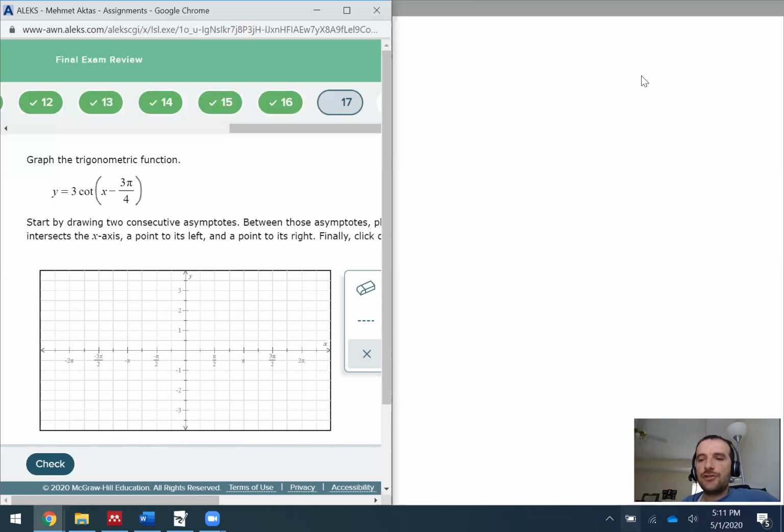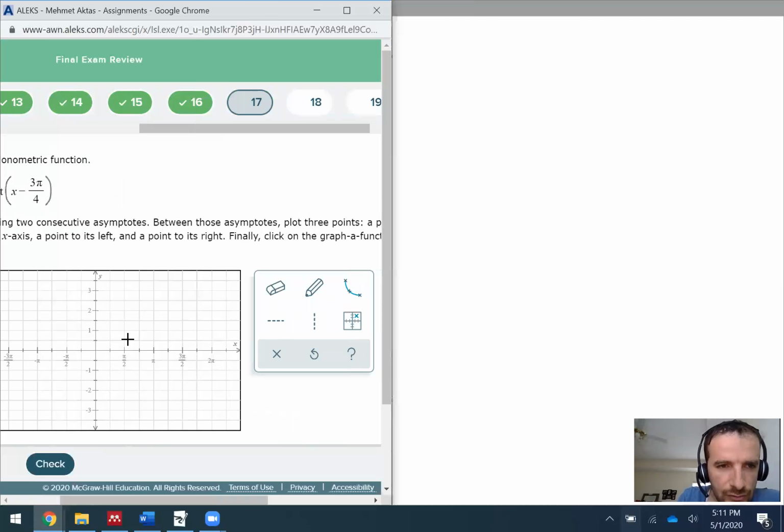So we have a vertical asymptote at 0, and we have a vertical asymptote at pi. But if you look at here, the phase shift is 3 pi over 4, so we are going to shift the vertical asymptotes 3 pi over 4 units to the right. That's why we have a vertical asymptote at 3 pi over 4 and pi plus 3 pi over 4.